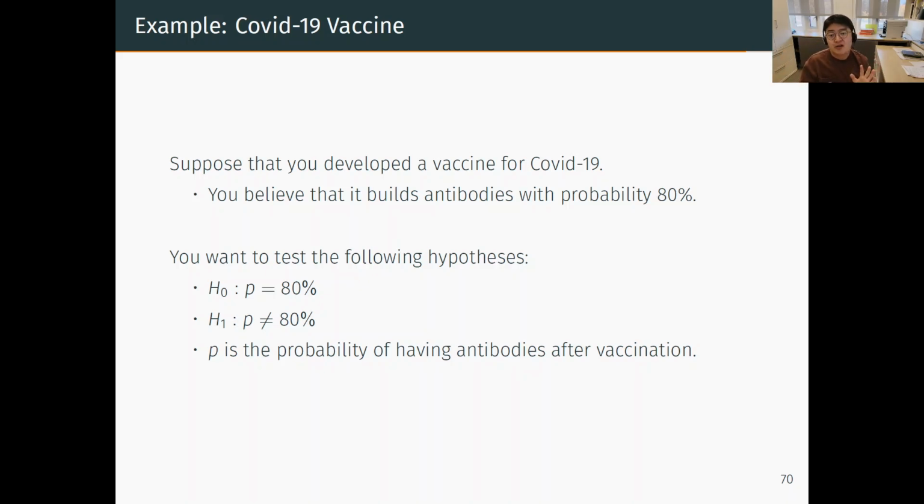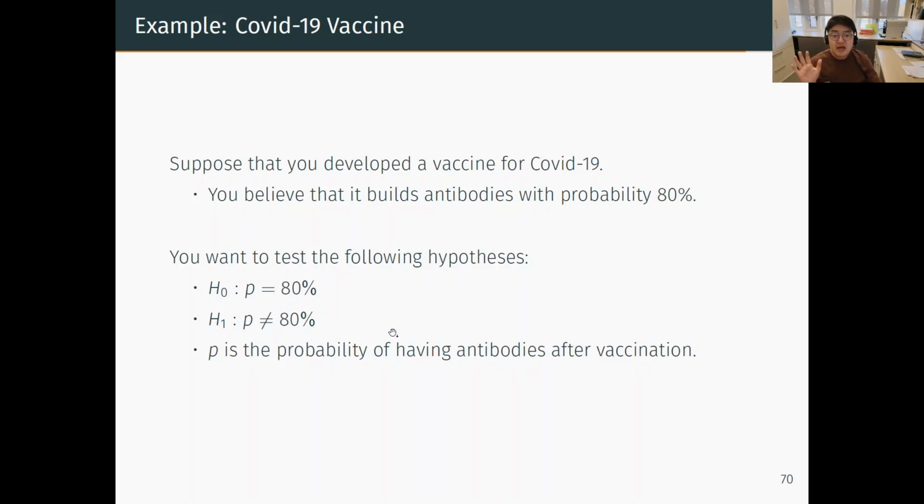That's your hypothesis for a certain vaccine. So then you can set up the hypothesis like this. P is the probability of developing antibodies after vaccination, right? So that is 80% you believe. Of course, the alternative is different from 80%.